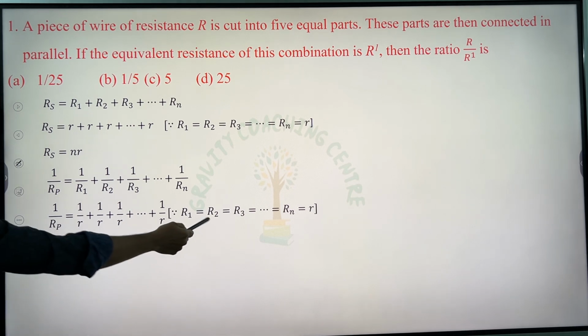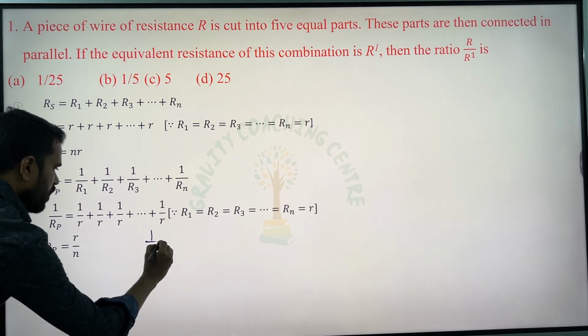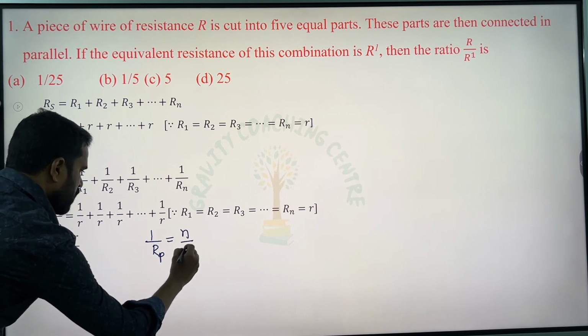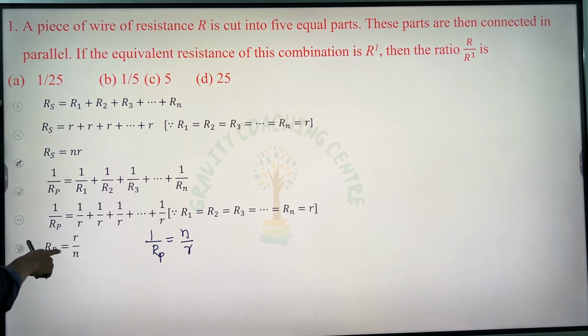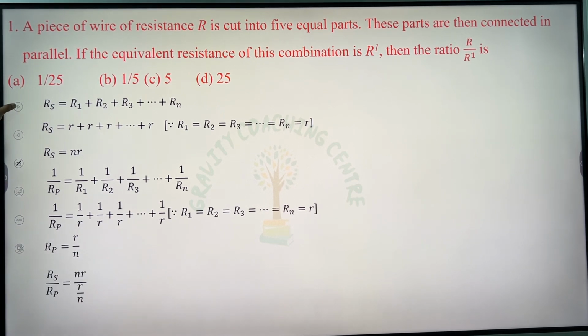Since all the resistances are same, we replace R1, R2, R3 with R. So 1 by Rp will be equal to n by R. If you reciprocate, you will get Rp equals R by n.